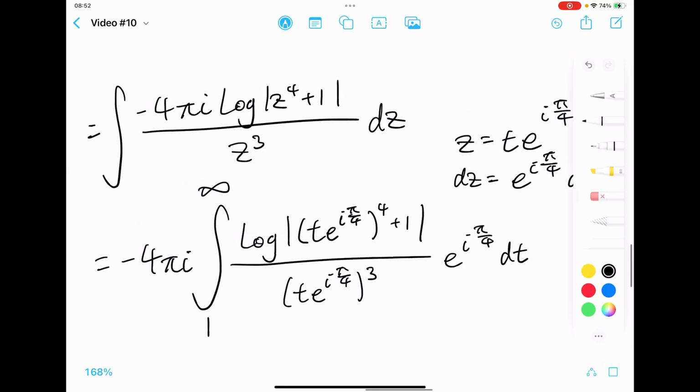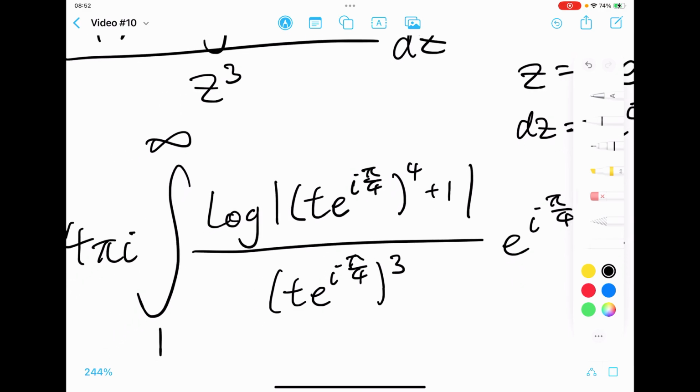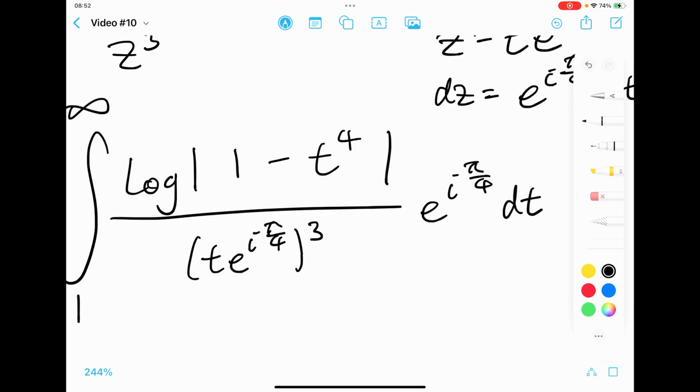Now, let's take a look at this middle bit. So t times e to the i pi over 4 to the 4th power. That 4th power is going to rotate it to minus 1. So that's going to be minus t to the 4th. And that's going to become 1 minus t to the 4th. And the bottom, well, there's going to be a t cubed.